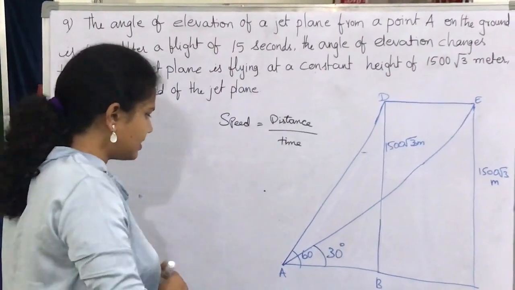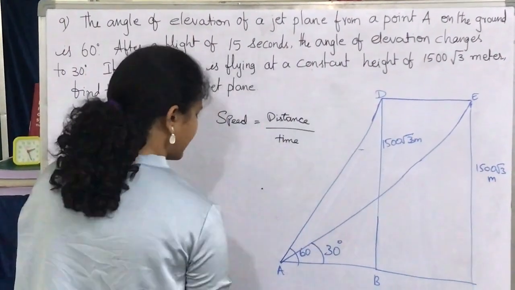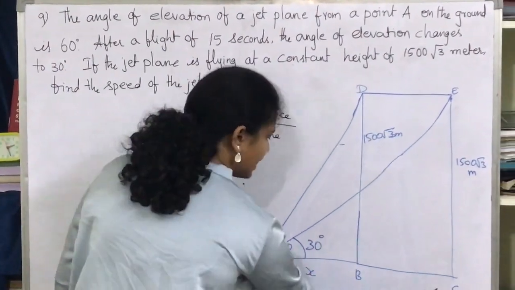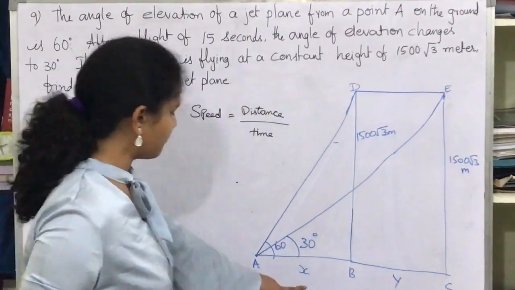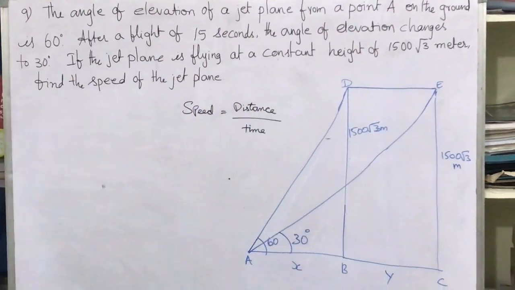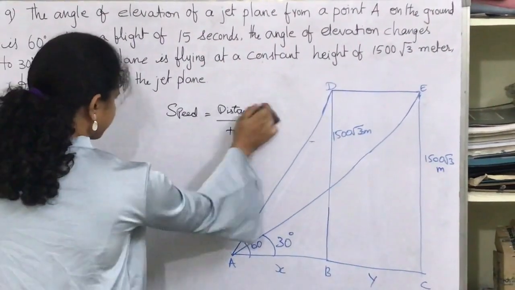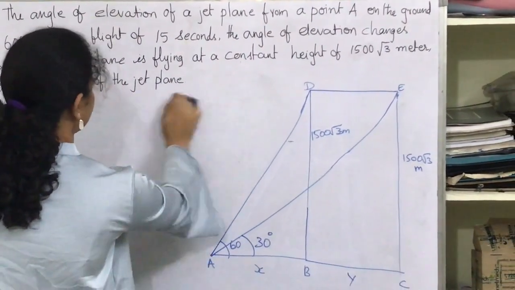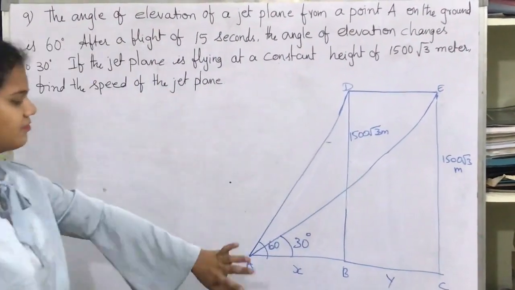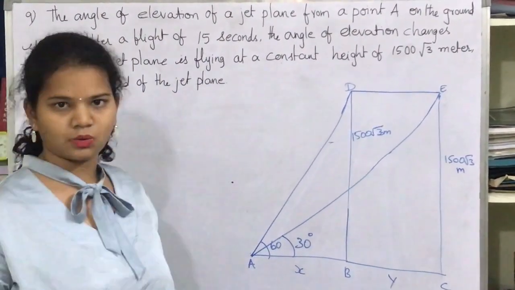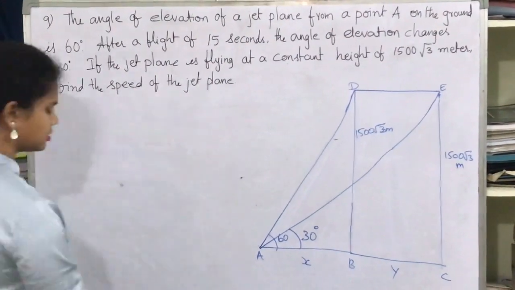So let's consider AB as x and BC as y. Now find the value of AB and BC. If we find the value of BC, we can say speed is BC upon 15, that is distance by time.